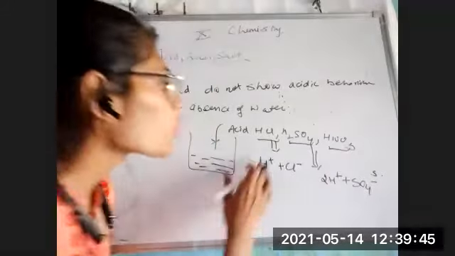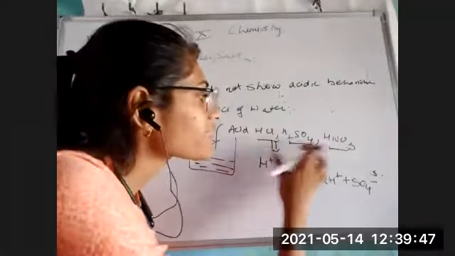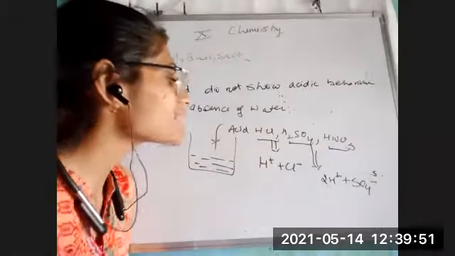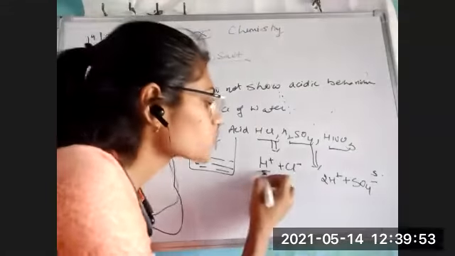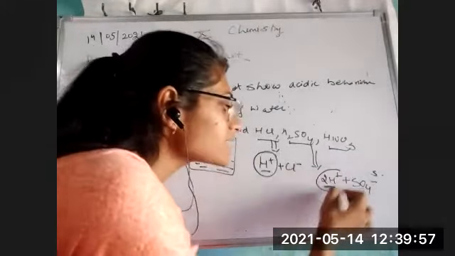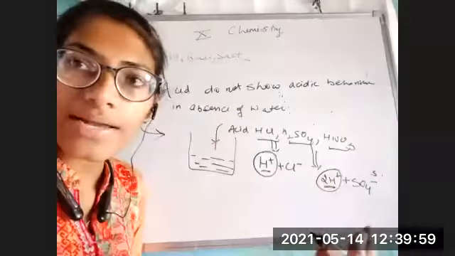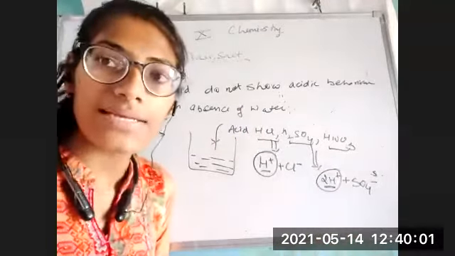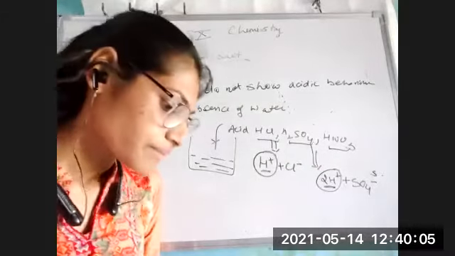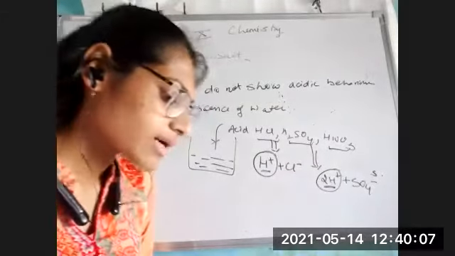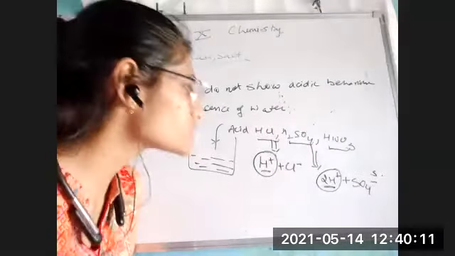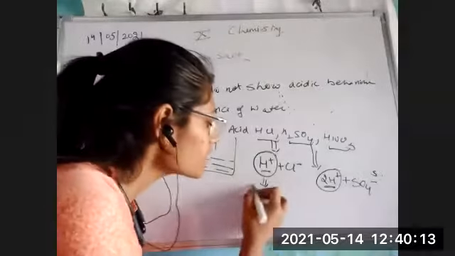Okay, so HCl, sulfuric acid, nitric acid, or many more acids, whatever you want to take, start dissociating into H positive ions. Due to these H positive ions there is movement, and due to movement, there is conductance of electricity. So that's why they show conductance, as well as, due to H positive ion, they show their acidic behavior.